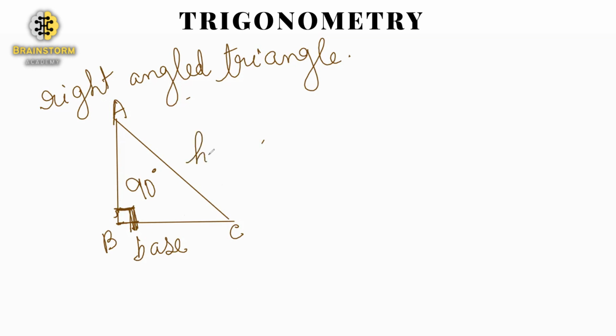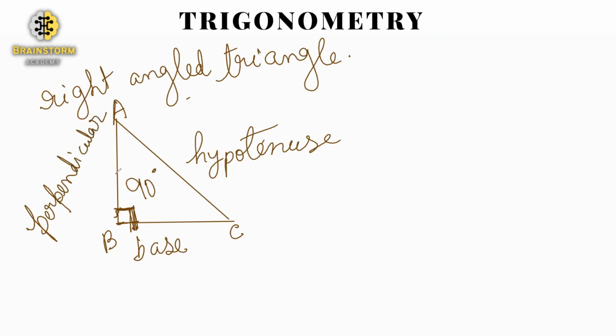Hypotenuse. This is also something we know. The remaining side, which has a role in making the 90 degree, will be called the perpendicular.